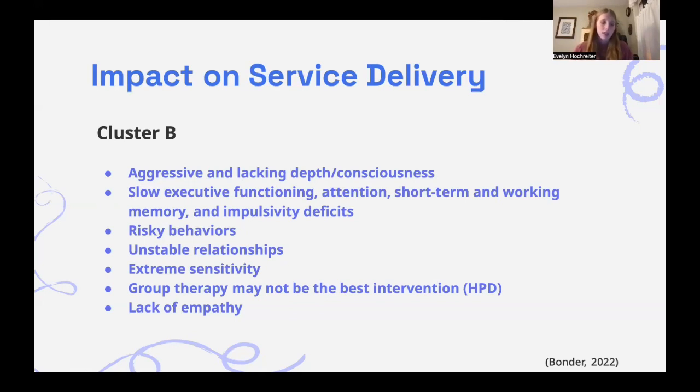They have extreme sensitivity, so trying to do constructive criticism may not go over very well. They may take it very harshly. Group therapy might not be the best intervention, specifically for people with histrionic personality disorder, because they thrive off of attention and affection from other people, and they also tend to have more of a lack of empathy for this cluster.